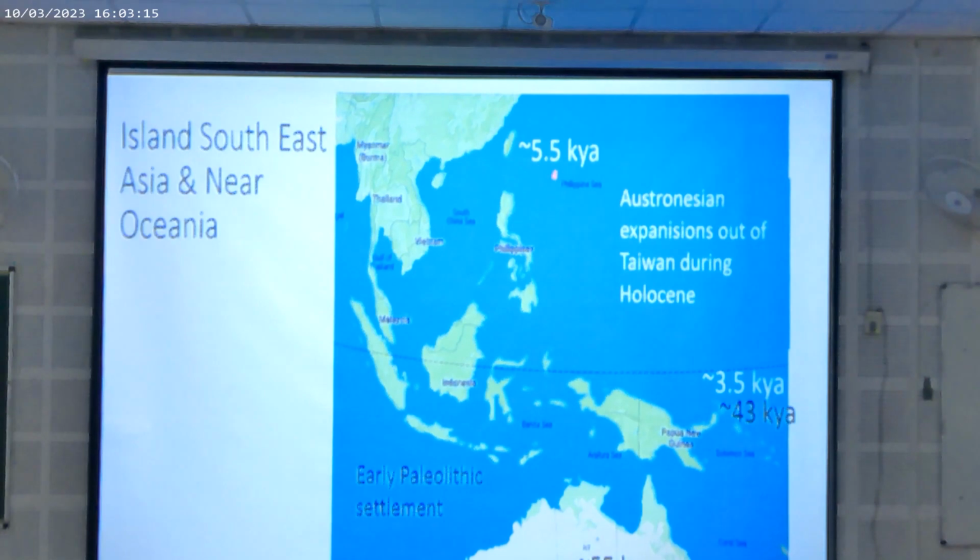So this is during the Holocene, much later, starting from here and then going in different directions. And in this region of our interest, it reaches 3,500 years ago also the eastern fringes of Papua New Guinea.